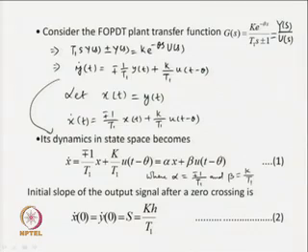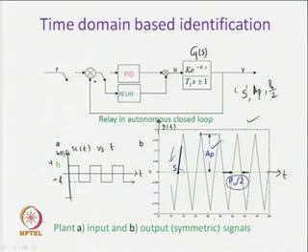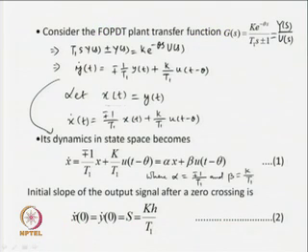Now, consider the initial slope of the output signal after a zero crossing, which is this one at the zero crossing. If we take the time t equal to 0 from this instant onwards, then the output at that instant will be y0, whereas the first derivative of the output at that instant will be y dot 0, and we know that y(t) is equal to x(t).